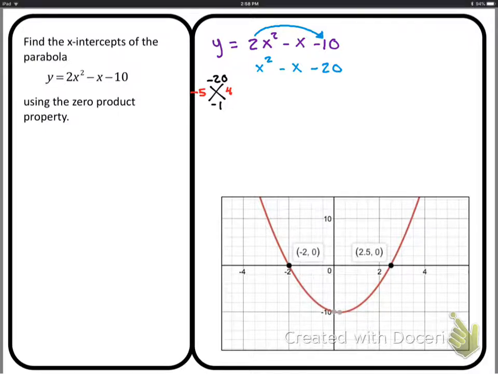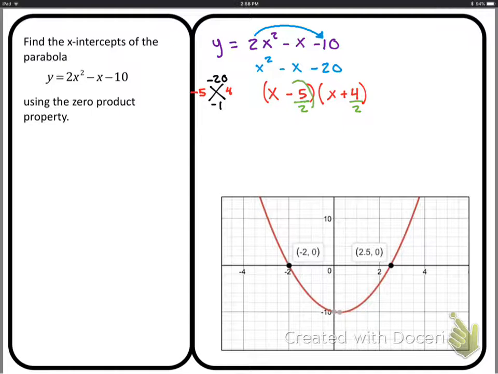So now I can write my two terms. I'll have x minus 5 times x plus 4. Now we're not done here, because remember that we multiplied by 2 up here, and we have to undo that multiplying by 2. We do that in this step, so we divide by 2 and divide by 2.